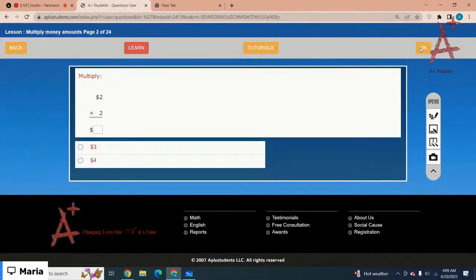Okay, the next one is 2 times 2. So which is the correct option? 2 times 2 is, yes, 4. So the correct option is 4.